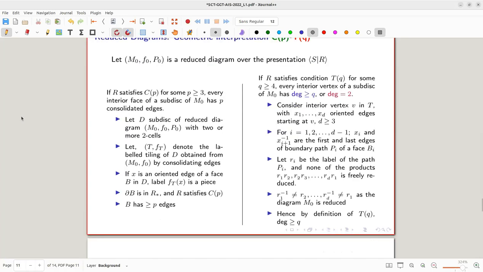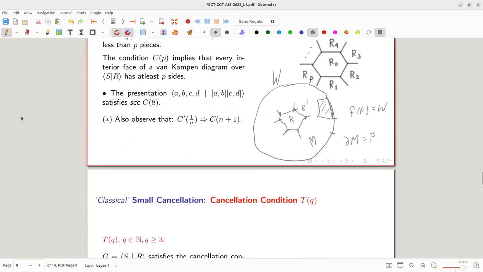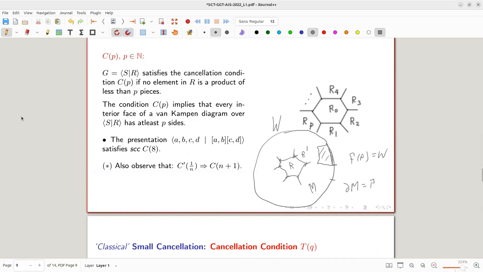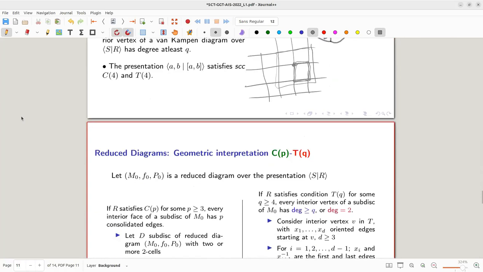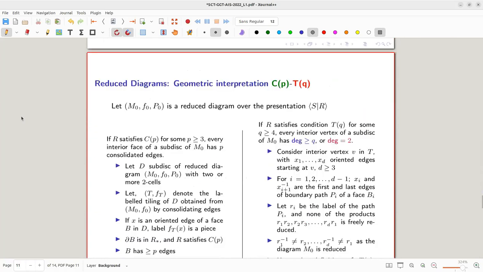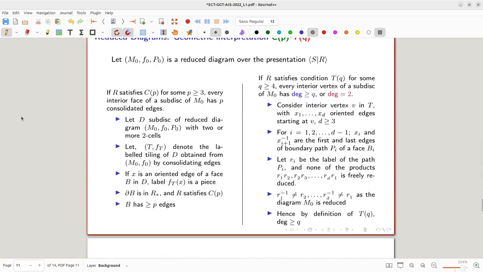But just in the picture, I have given you the intuition why the picture should look like this, because it should have at least p pieces as a product. That means at least p sides, and this should have degree at least q. So why are they like that? I mean, why is it so?